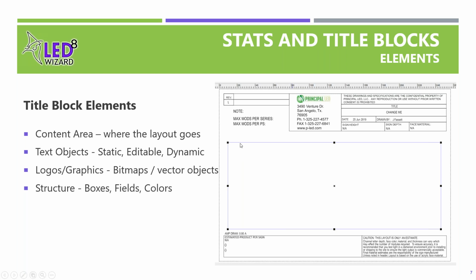But your actual design will go into this rectangle. I shouldn't say fit into the rectangle. The title block actually scales up to fit the size of your job. So it's the title block that scales. It's not your layout that scales. LED Wizard always works in full scale. So the title block will change size.